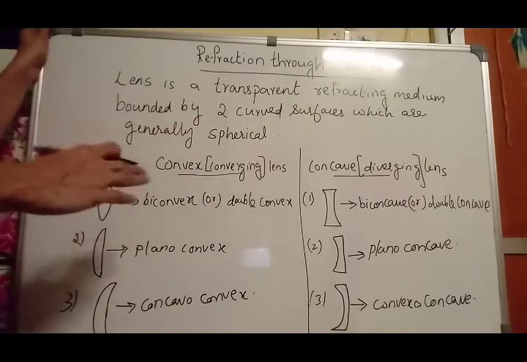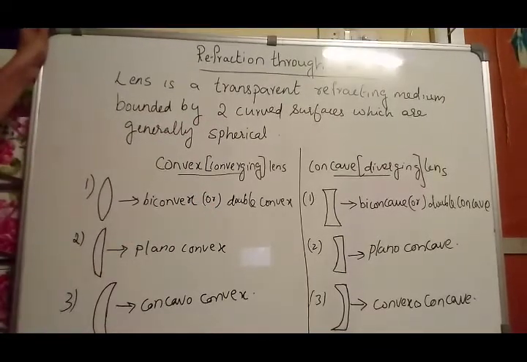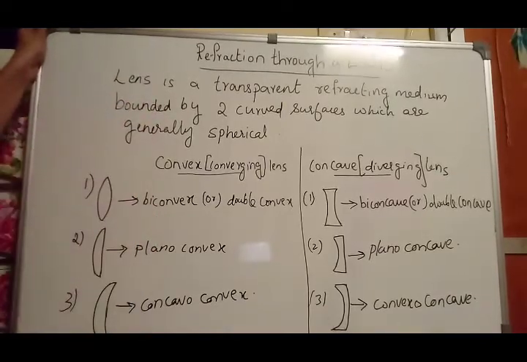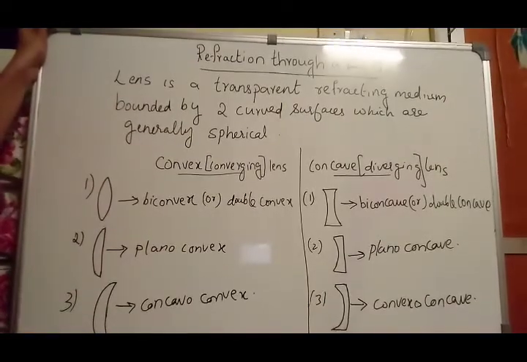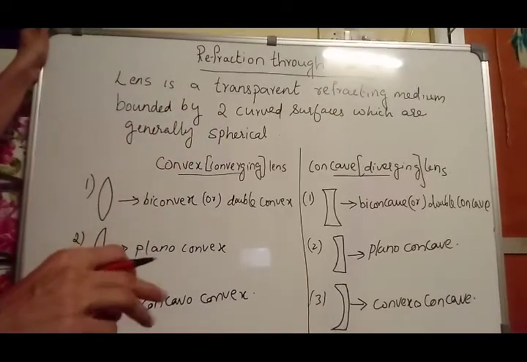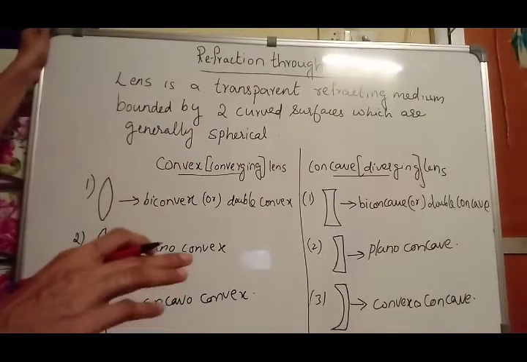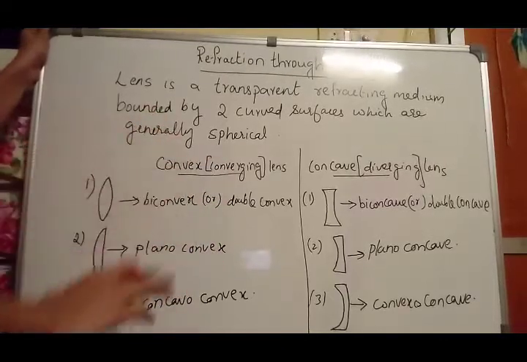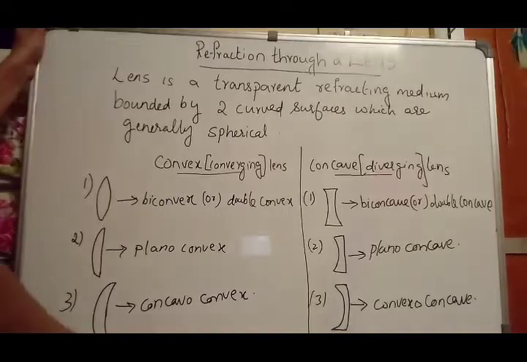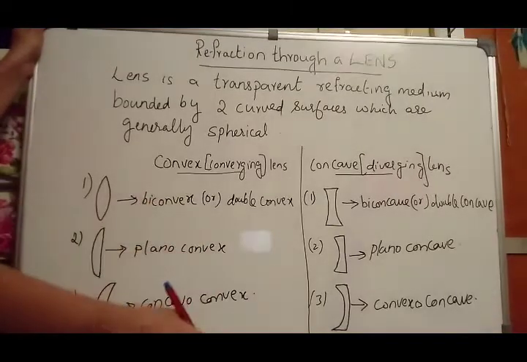Light can pass through that material, and it is bound by two curved surfaces, which are generally spherical in nature. That is, the curved surfaces are actually part of a sphere. Now that is the definition of lens.